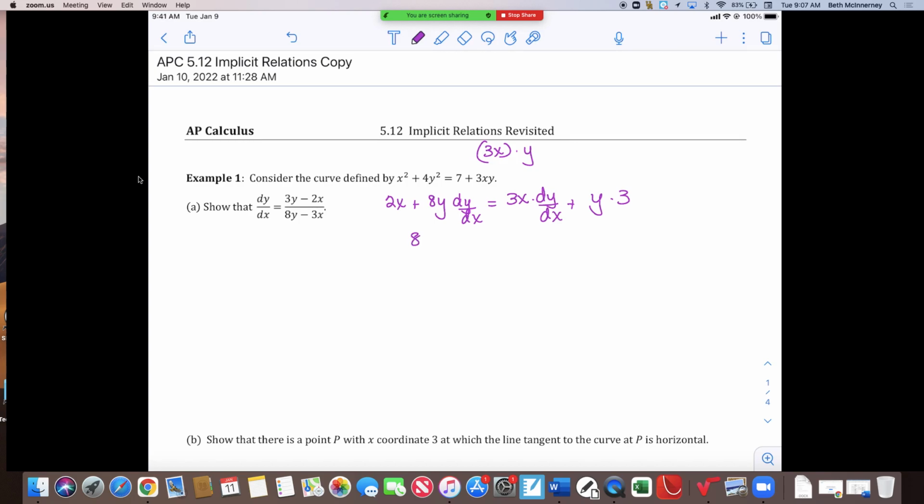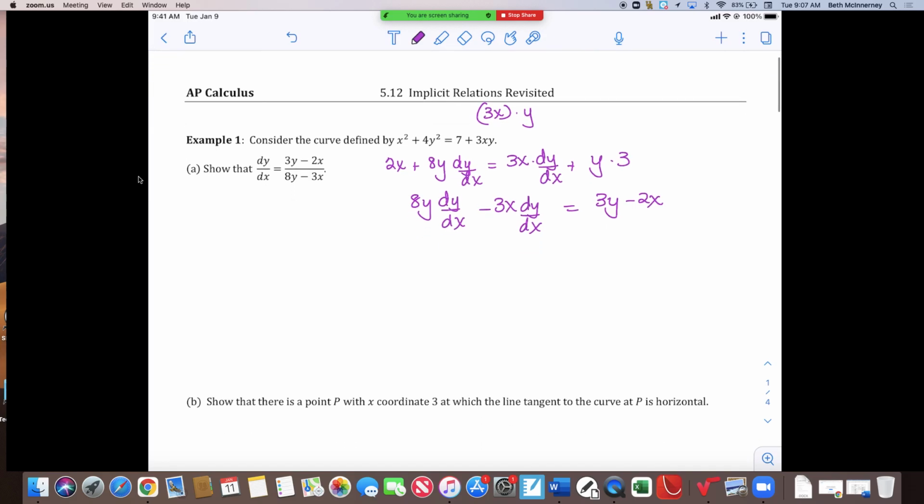What you want to do is collect the dy/dx terms on the left. That is typically how they do it. Then you put your other terms on the right side. Again, you collect your dy/dx terms on the left, and anything without a dy/dx you move to the right side.